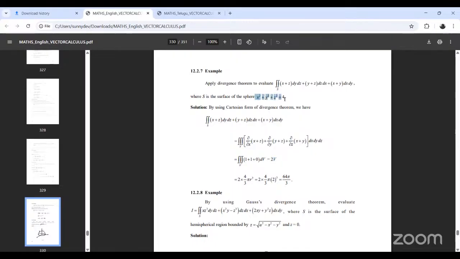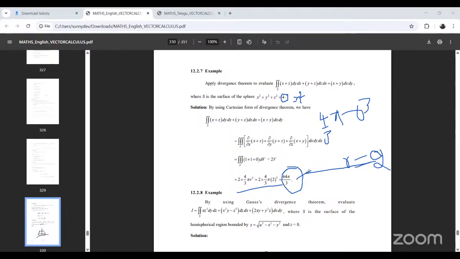This is a sphere, no? We know the sphere volume is 4 by 3 pi r cube. Here 4 can be written as 2 square, so the radius r equals 2. Then we are getting 64 pi by 3.